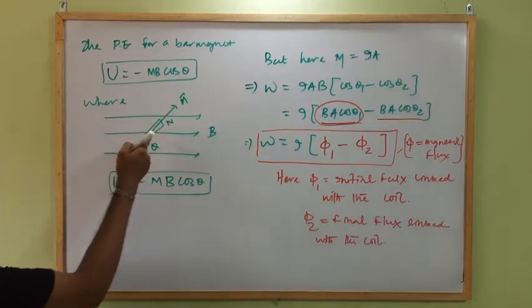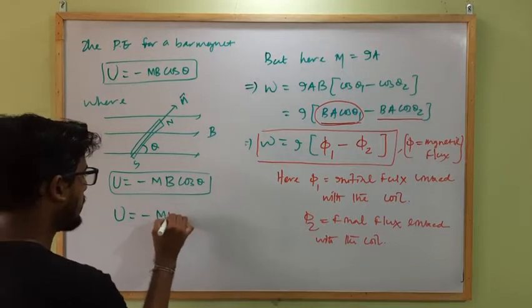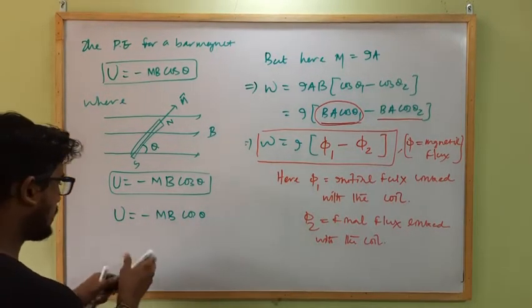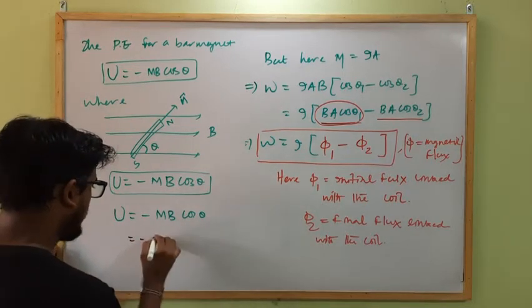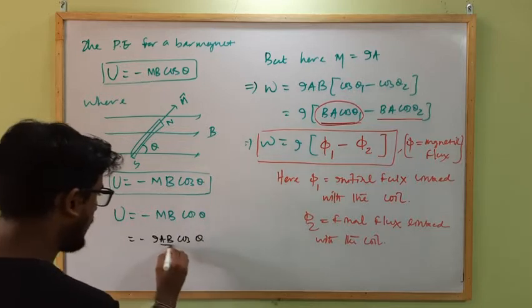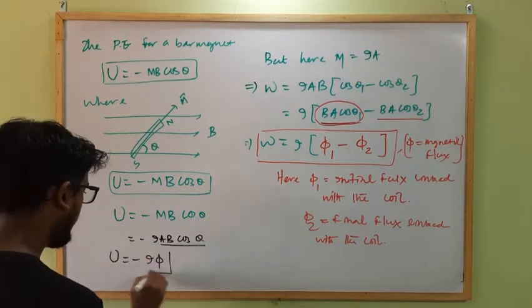Similarly, if we replace the bar magnet with a current carrying loop, the potential energy U equal to again minus MB cos theta. In place of M, we can write what? Minus I into AB cos theta. What is AB cos theta? Phi. So the potential energy will be minus I into phi.